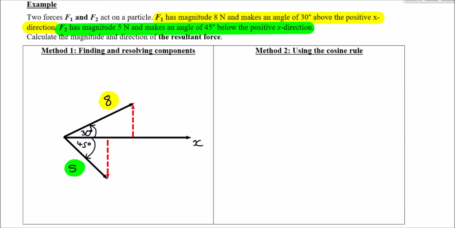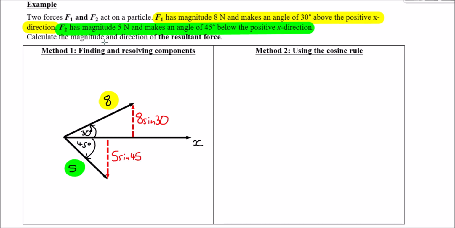So the 8 newton force, this component here acting perpendicular to the x direction will be hypotenuse sine angle, like I mentioned before. So this one here is going to be 8 sine 30, whereas this one here going downwards is going to be again hypotenuse sine angle, in this case 5 sine 45.